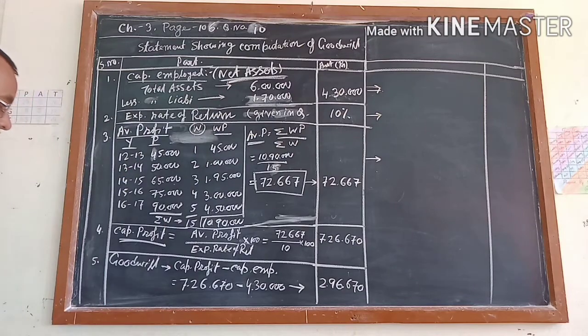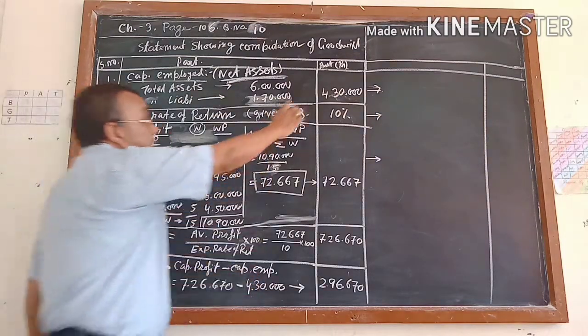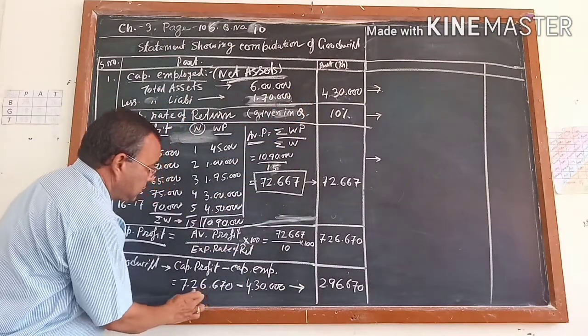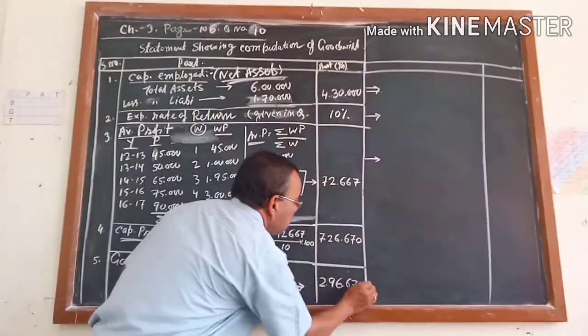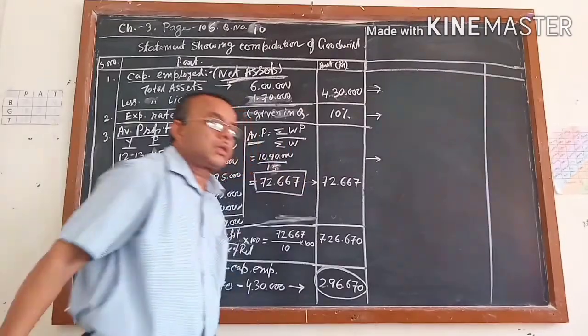Goodwill, the last step: capitalized profit minus capital employed. Capital employed is here. Capitalized profit 7,26,670 minus 4 lakh 30, which comes to 2,96,670.